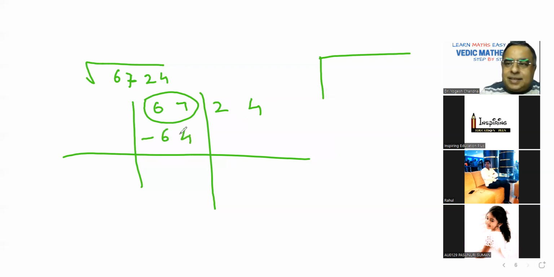But remember, here you will get a quotient, and the remainder you will write here, like we did in the flag method of division. So here R is 3.